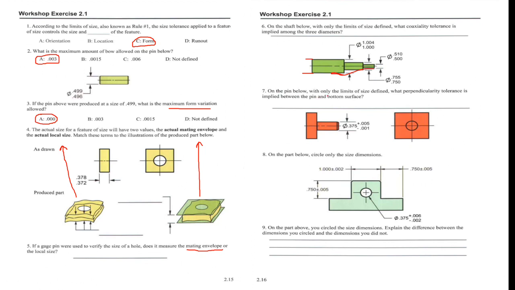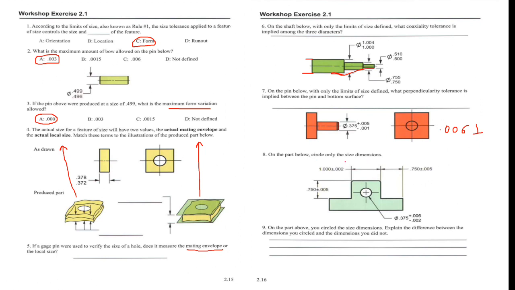On the pin below, with only the limits of size defined, the perpendicularity tolerance here would be the sum of this plus-minus tolerance. So it would be 0.006 is the perpendicularity tolerance.